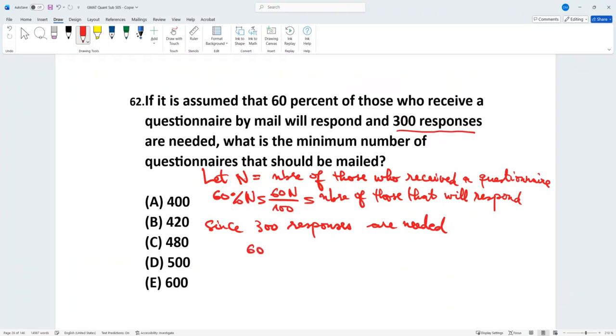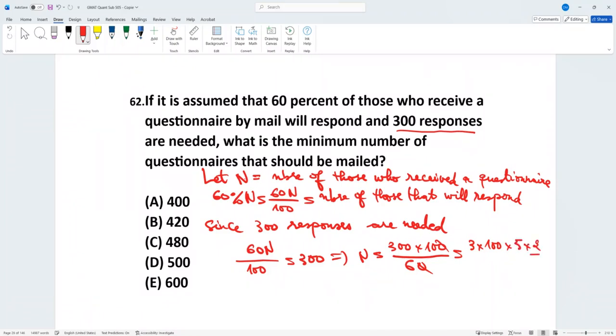So simply put, 60n over 100 equals 300. Then n is going to be equal to 300 times 100 over 60. And this will lead us to have 3 times 100 times 5 times 2 over 3 times 2.